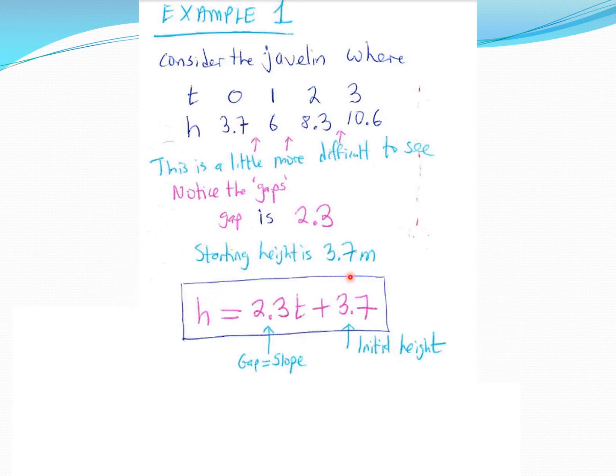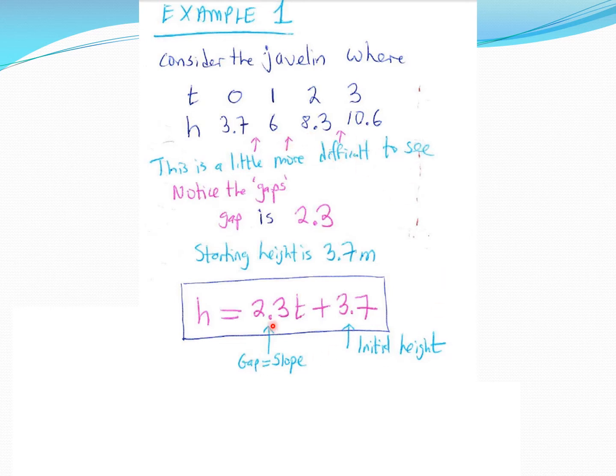The starting height is 3.7 meters. So we've come up with the equation h equals 2.3t plus 3.7. At time 0, the javelin has a height of 3.7, and then over the space of the next second it rises by another 2.3, and it keeps rising by 2.3 meters every second.